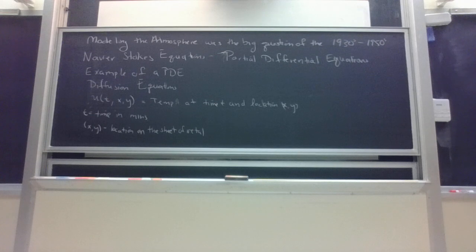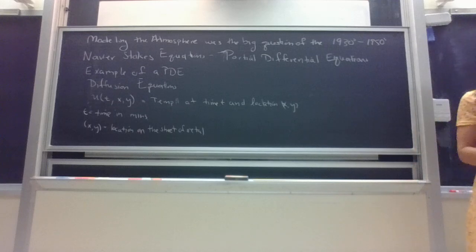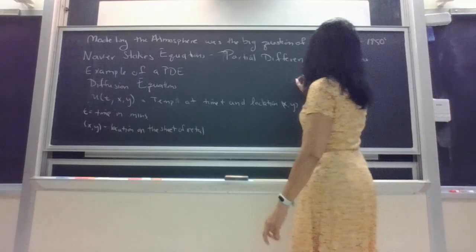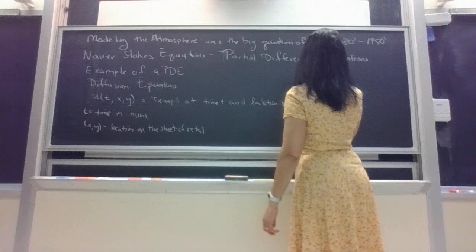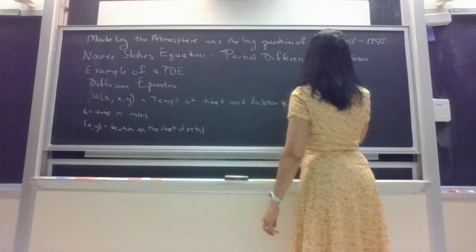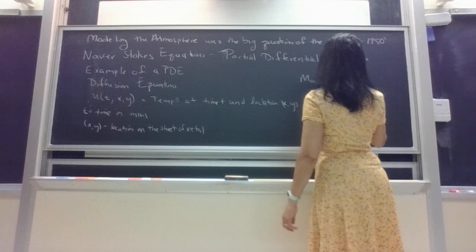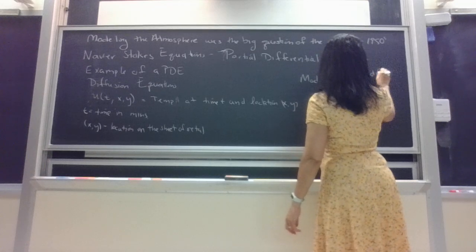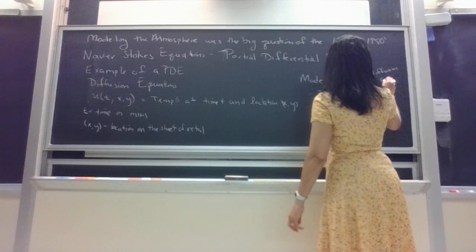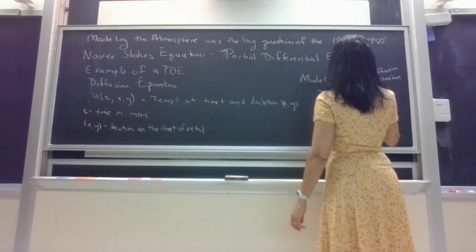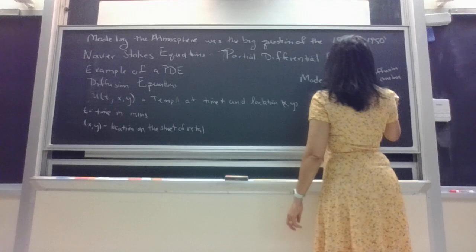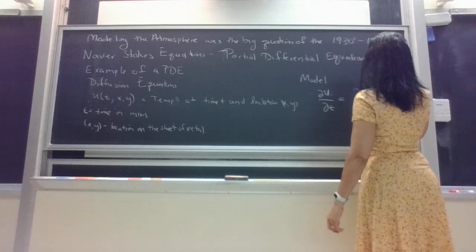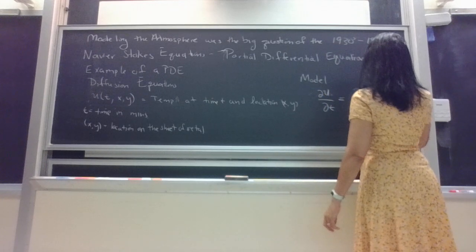So they'll use this kind of a model, same like the temperature. The diffusion constant would be very different than a sheet of metal. But the model is u_t, the partial derivative of u with respect to t, is equal to D, that's called the diffusion constant, times the second partial derivative of u with respect to x, plus the second partial derivative of u with respect to y.